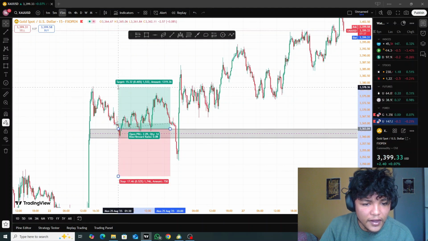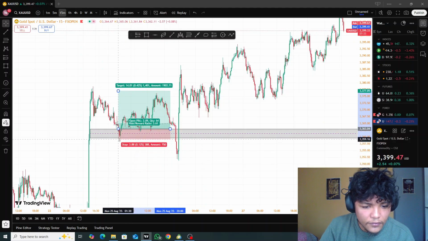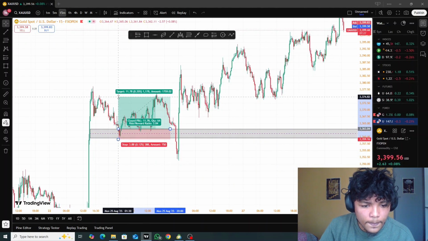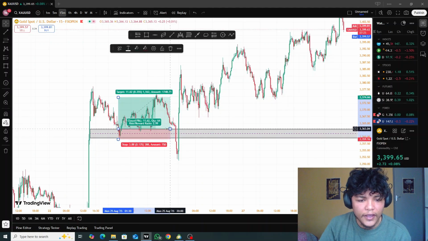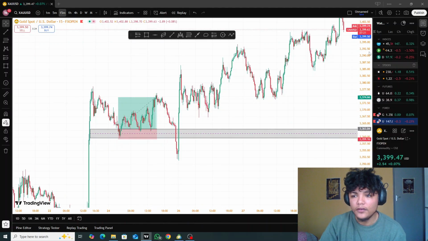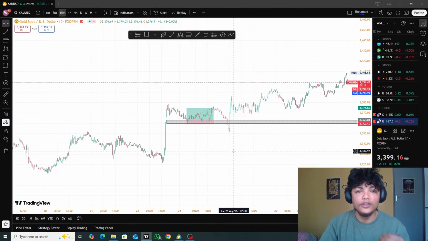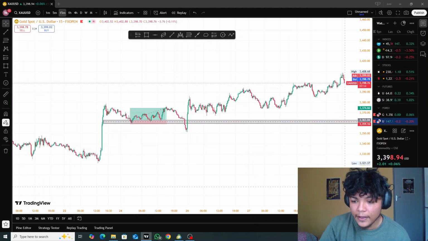Let's target this high. Stop loss just below. 1 to 3. Let's keep it 1 to 3. So there you want to trade because you buy at the support level. As you can see, gold is currently in an uptrend, so you always want to buy at support levels.